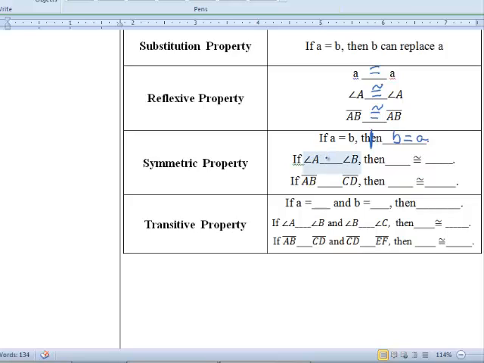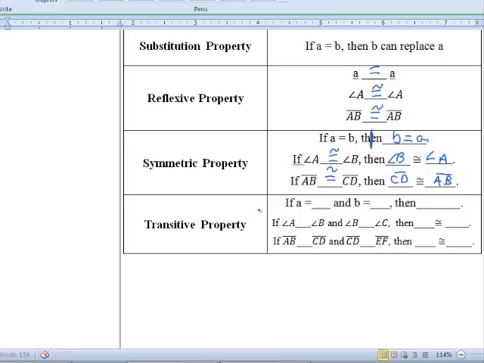And then with angles, if angle A is congruent to angle B, then angle B is also congruent to angle A. All right, segments, if segment AB is congruent to segment CD, I could also say that segment CD is congruent to segment AB. So symmetric property, same on both sides.